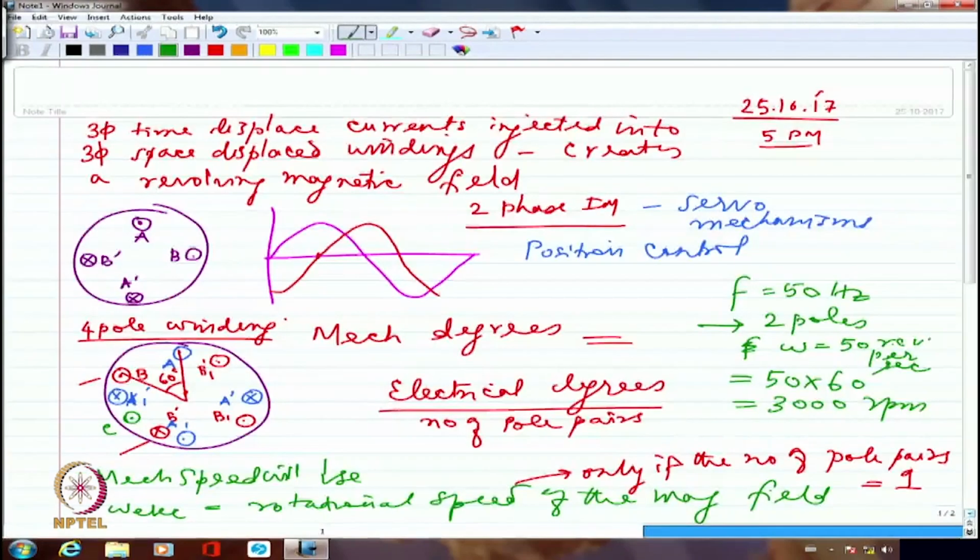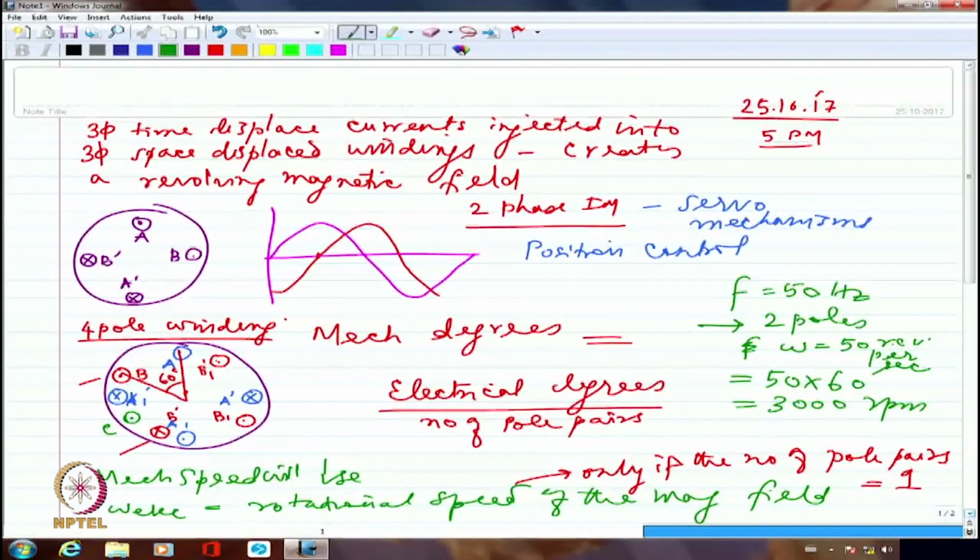If I have A and A dash, A1 and A1 dash, it is a 4 pole. If I rather say A dash, A1 dash, A2 dash, then there will be 6 poles. In which case, I have to look at 60 degrees equivalent to 180 degrees.